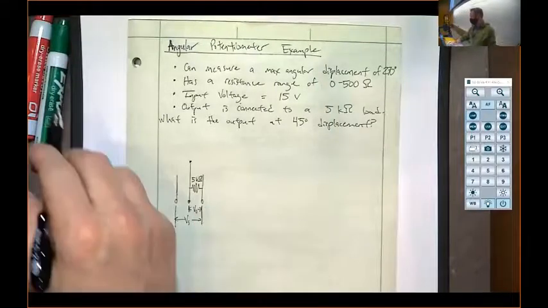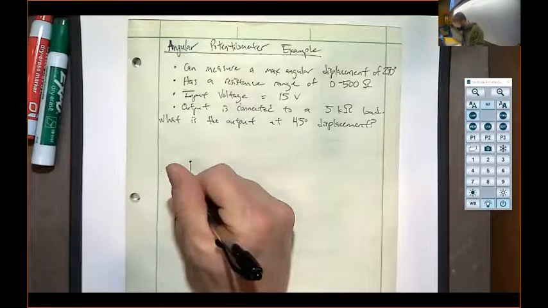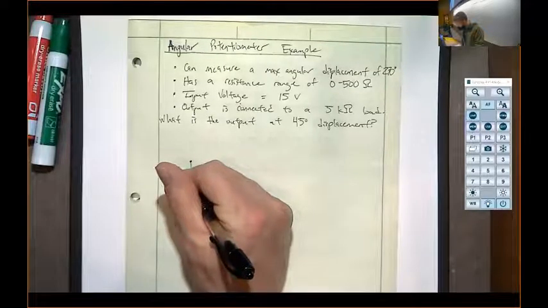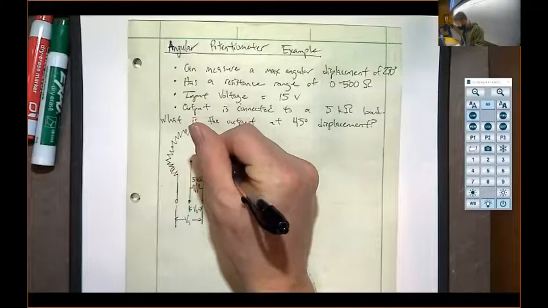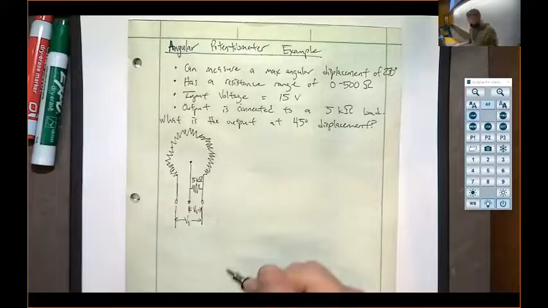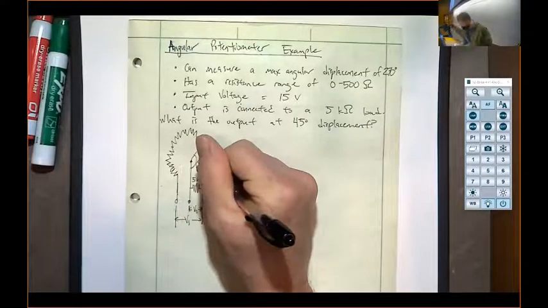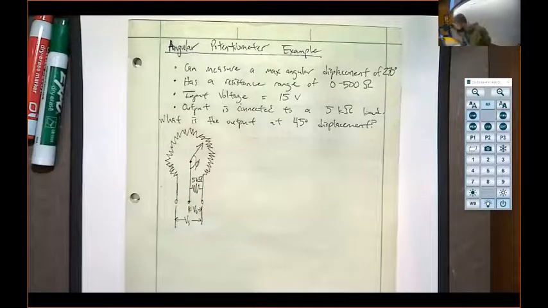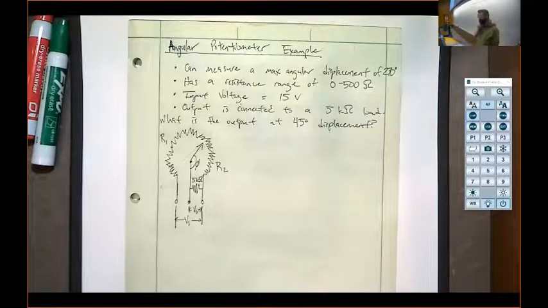The wire wrappings, the resistance of this angular potentiometer, are going to go around like that, and we're going to have our slider out there at some angle of displacement. This we're going to call R1, and this side of it we're going to call R2. That's physically the layout of that circuit.